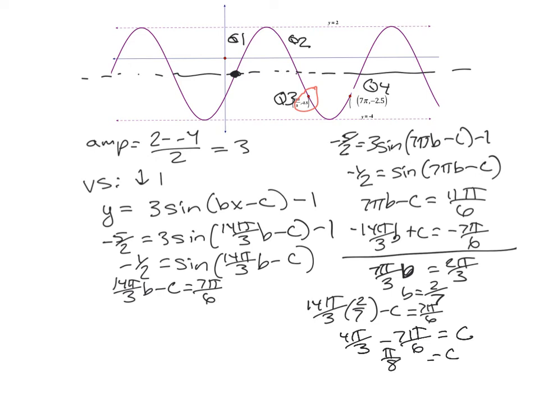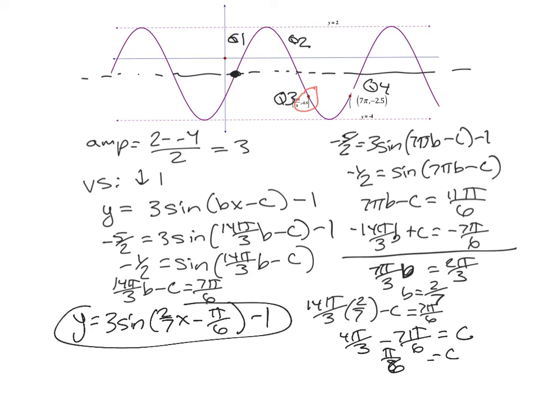Okay, so now putting these all together into an equation, I get y equals 3 sine, my b was 2/7, minus, oops, I'm realizing I wrote pi over 8 instead of pi over 6, minus pi over 6, minus 1. Okay, so there's the sine, and now remember that was the hard part.